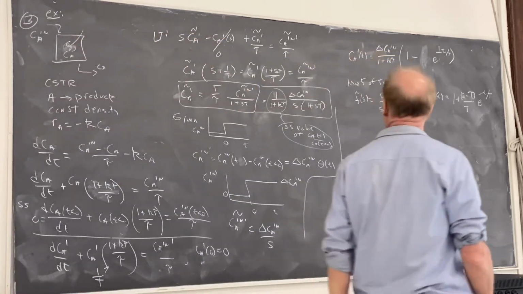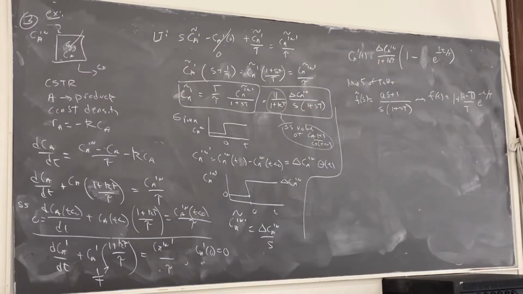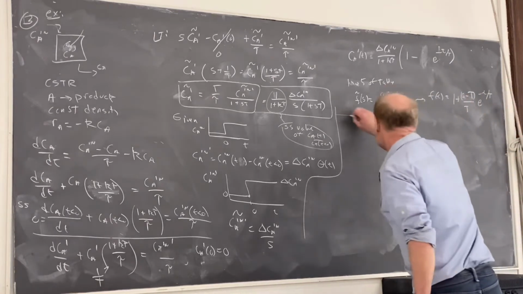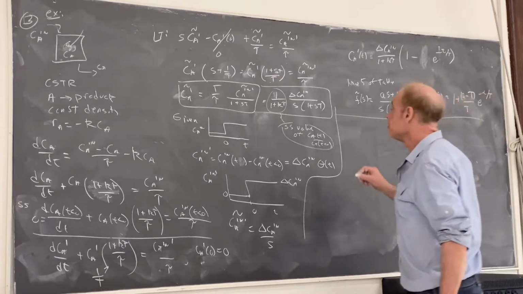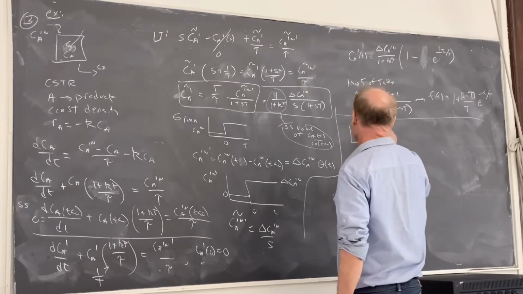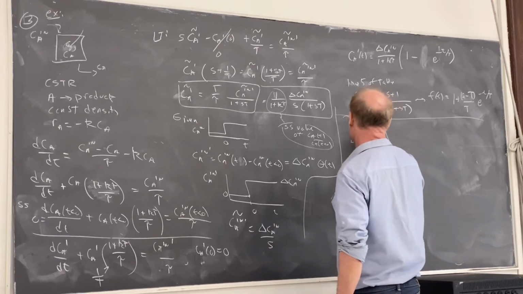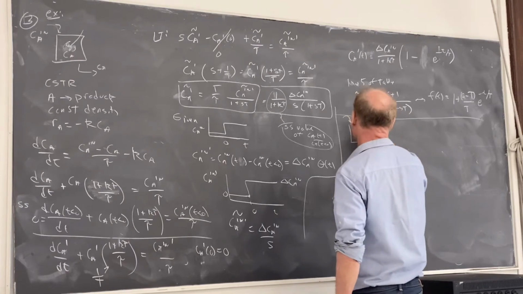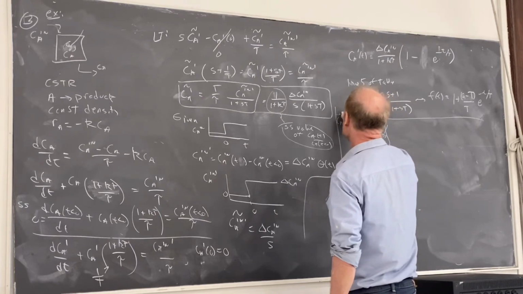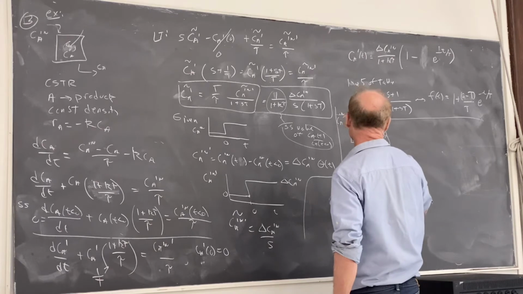All right, now, if you remember last time, we not only did one CSTR, we did 2 CSTRs in series. So I have CA in, CA1, CA2.